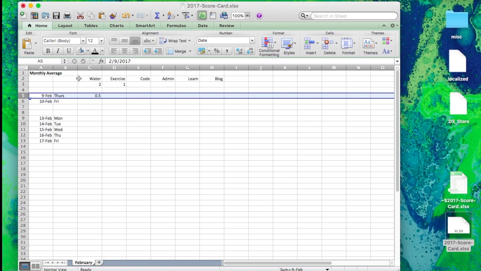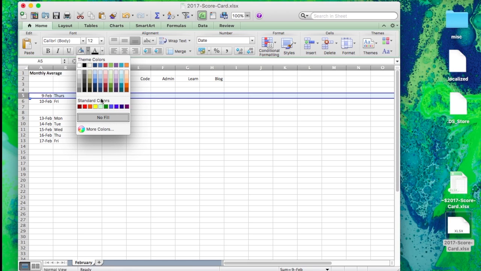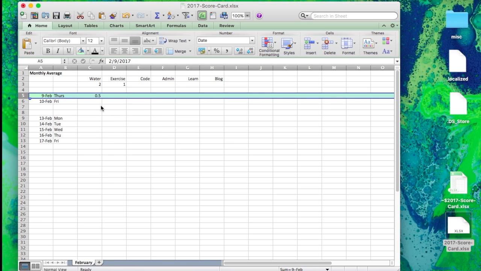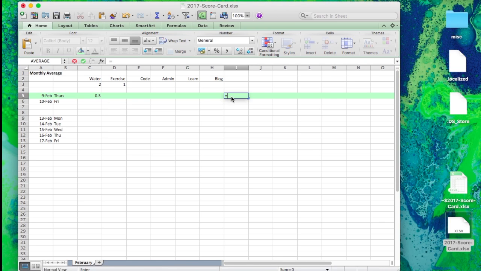Usually I like to highlight the day that I'm on, just kind of helps me keep where the focus is at. And then the last thing I'll do is put a daily total here.